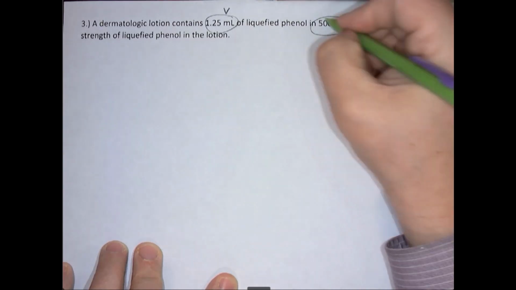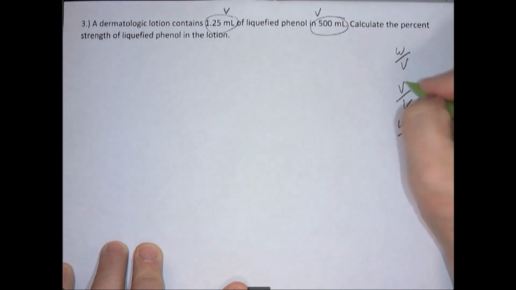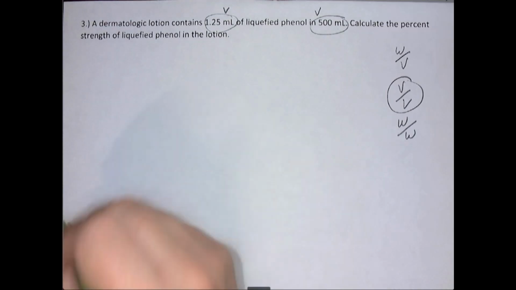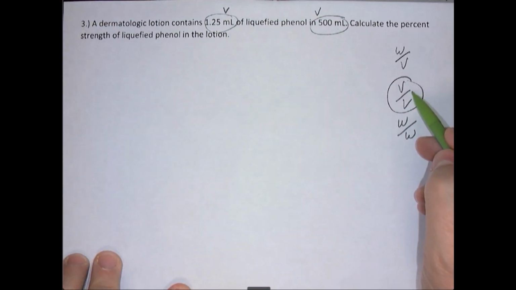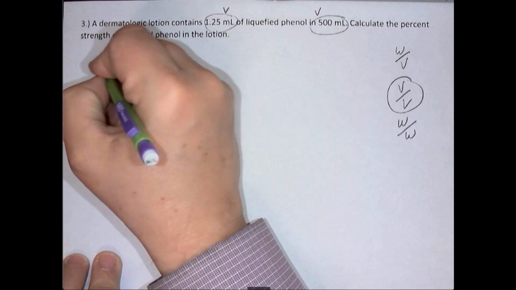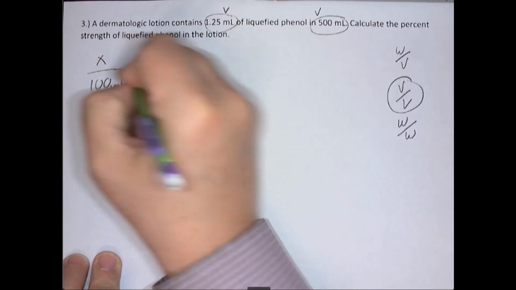That is also described as a volume, milliliters. So obviously it's going to be a volume to volume concentration. And in a volume to volume concentration, that means it's got to be a certain number of milliliters per 100 milliliters. We'll set it like this time.